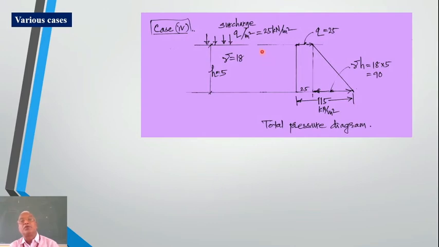Okay, here there is one more case, which is with surcharge. It means there is a soil here, but above the surface of the soil there is some pressure acting because of many reasons. Maybe some wooden planks are arranged, or some stones or brick bats are existing, or something else lying above the ground surface.